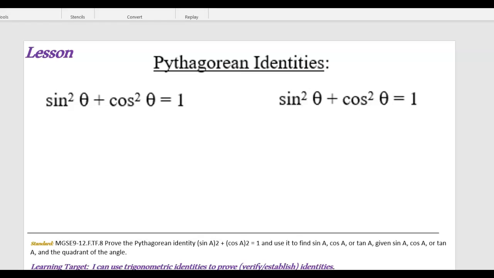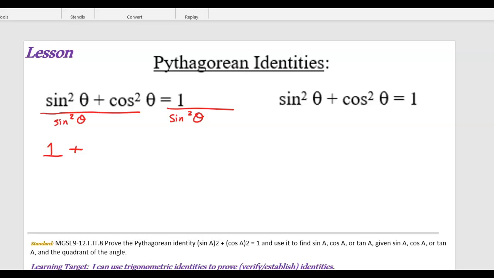So we have the OG. That's the original. I'm going to take each one. I'm going to divide both sides by sine squared theta. So sine squared theta divided by sine squared theta is 1. Plus cosine squared theta over sine squared theta. Now we know that cosine over sine is cotangent.